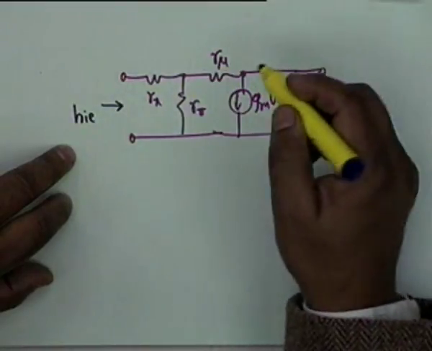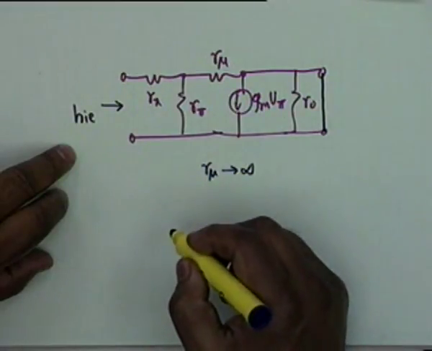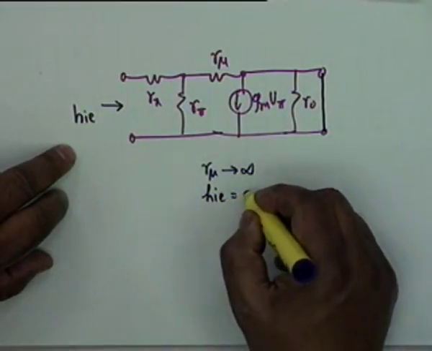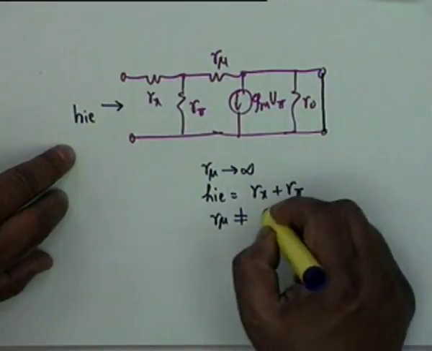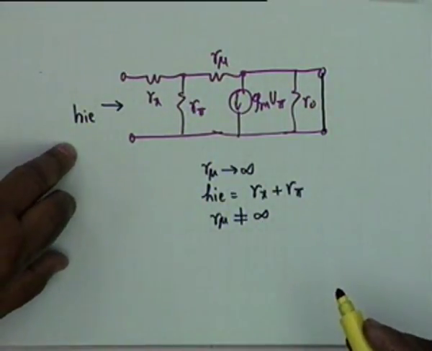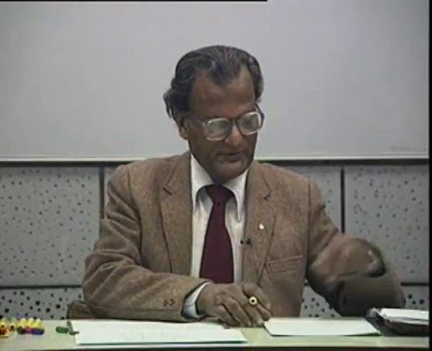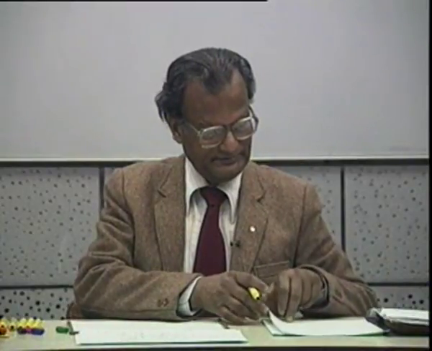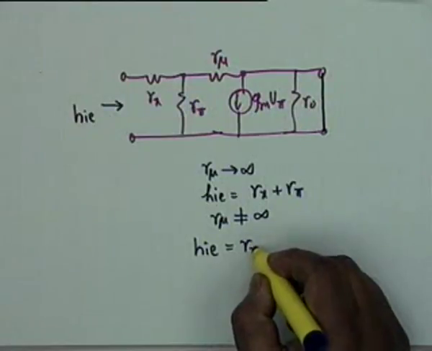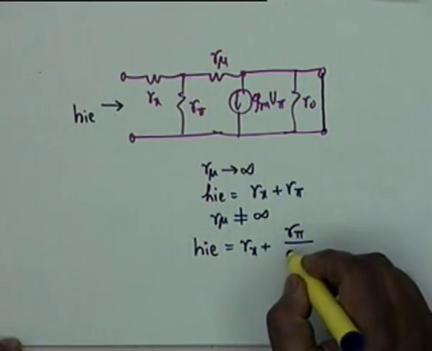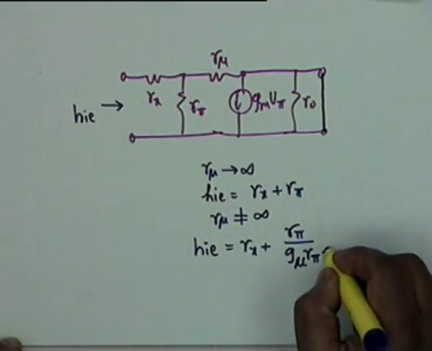And the current here, suppose R mu was not there. Suppose R mu was infinity. Then HIE would have been simply equal to Rx plus R pi. On the other hand, if R mu is not equal to infinity, one can easily calculate by circuit analysis that HIE is equal to Rx plus R pi divided by G mu R pi plus 1.